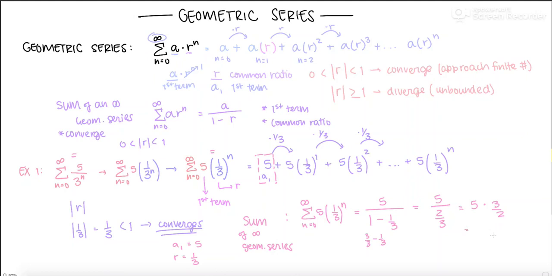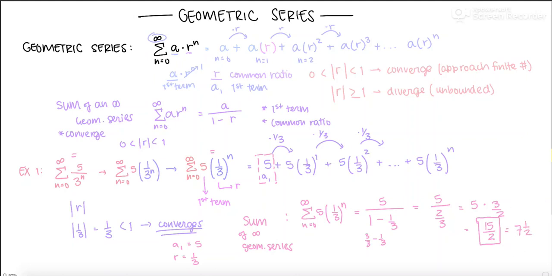And that's just going to be 15 over 2. So the final sum of that infinite geometric series is 15 over 2. You can rewrite this as a mixed fraction if you want, or leave it as an improper fraction. They're all equal. This can also be rewritten as 7.5.